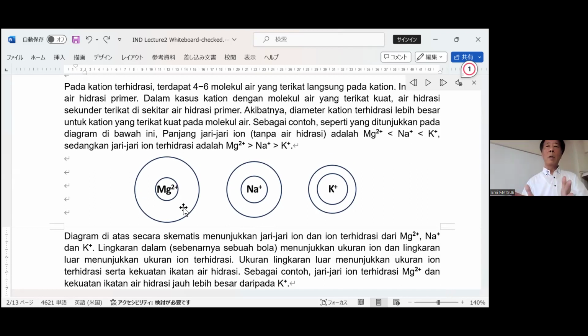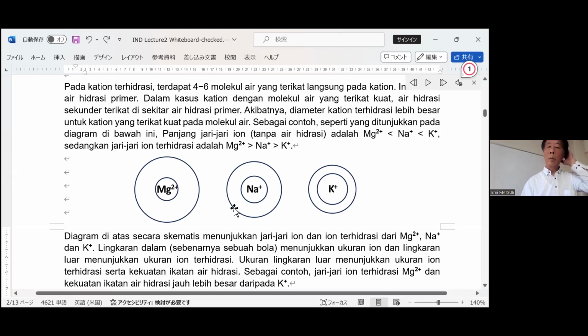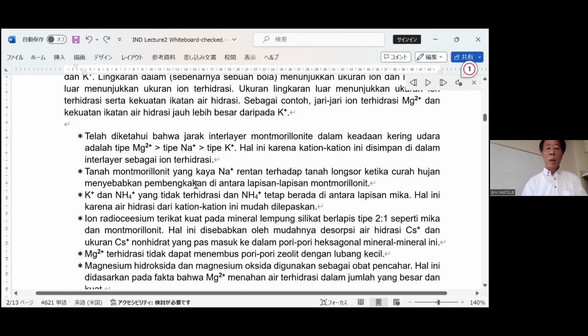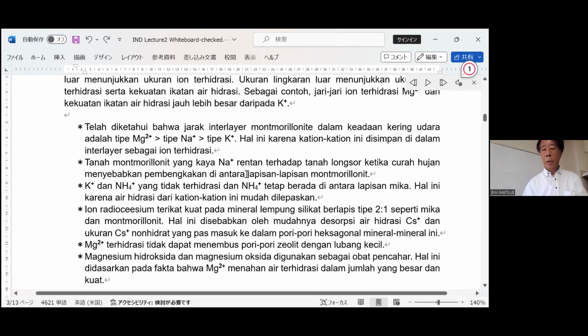Then it is difficult to expand in natural conditions. But in the case of sodium, because sodium has much more hydration water than potassium and is a monovalent cation, sodium-rich montmorillonite easily causes landslides.